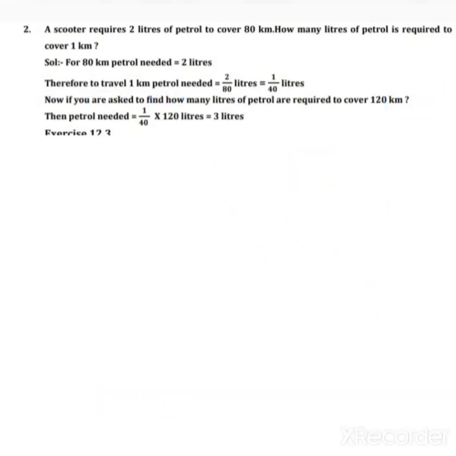In simple language, we can say the unitary method is that method where we have to find the value of 1 unit first and then multiply the number of required units by the value of 1 unit.